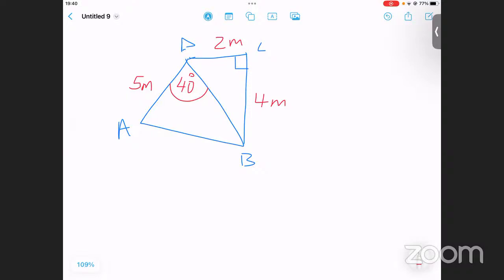Okay. And then from there, question number 1, I will just say find AB. And for this one, you will get 6 marks. Let's see.